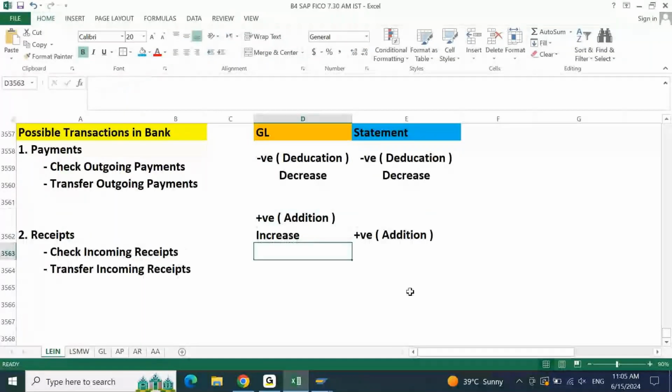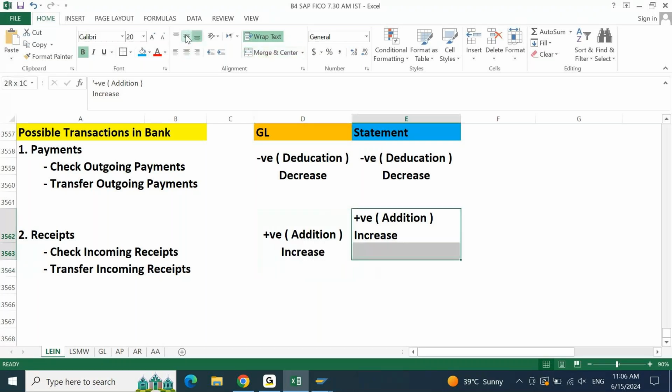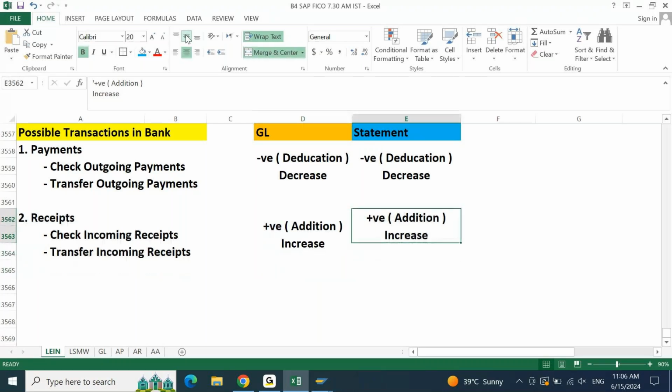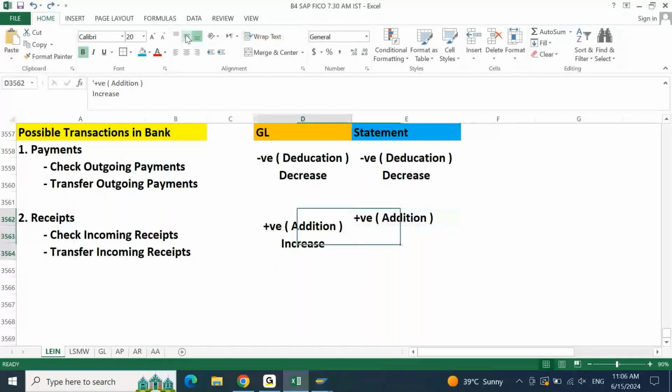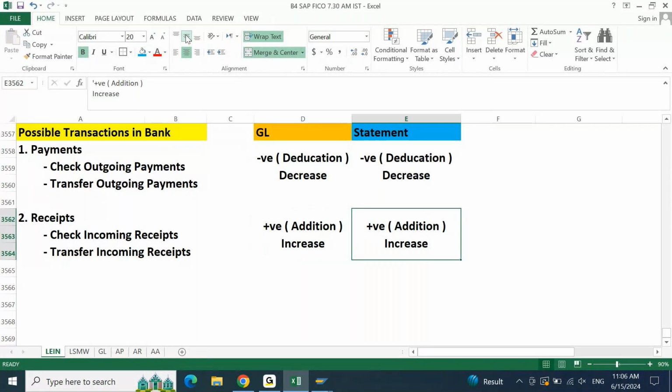When you are increasing the amount, again you need to make sure why we are increasing the amount and on what basis we need to do it. It is all dependent on the business transaction, whatever is represented in the bank statement. Meaning you need to have a clear understanding of how bank statement transactions are represented and how you are going to identify them.